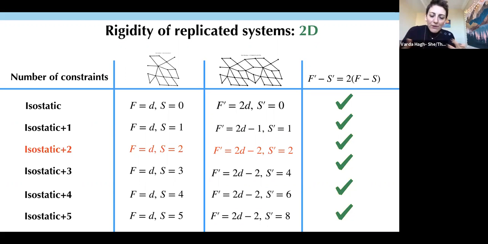So if we just look at that, as you can see, the stresses do not go away upon replication. When we are below the states of self-stress, they do not increase. They only increase when we're above these states of self-stress. But when we're below that, we're not saying that they do go away.